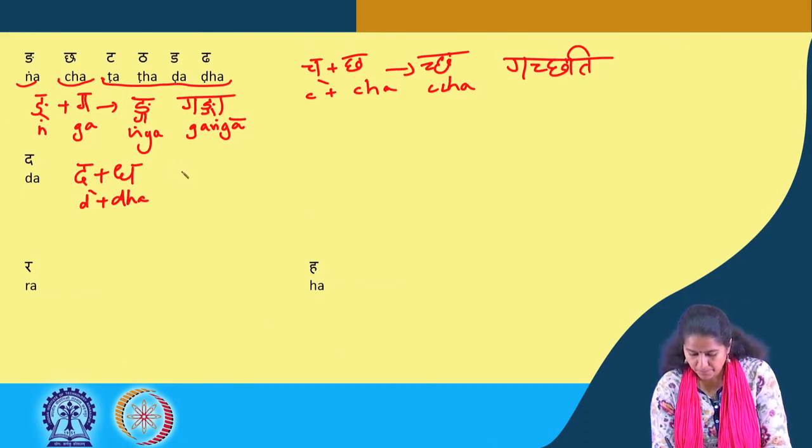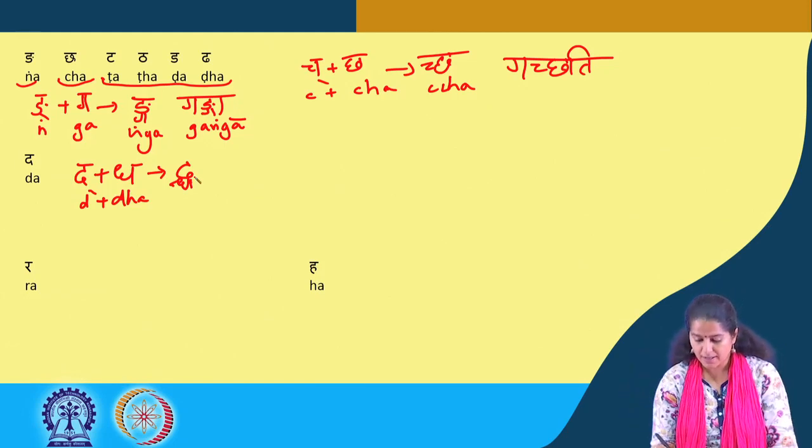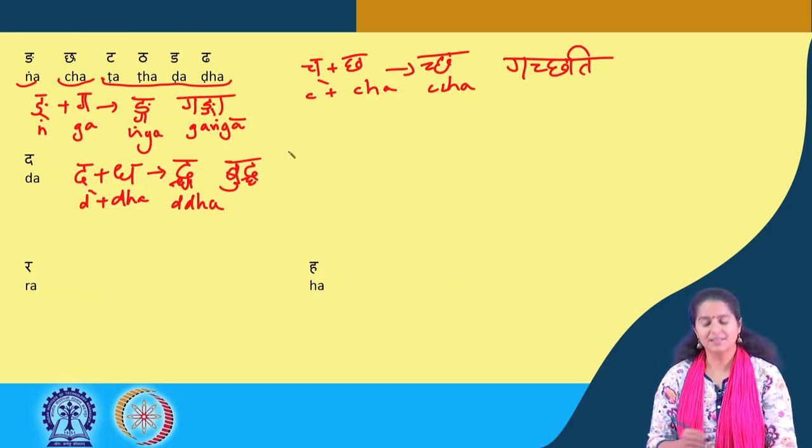So the d plus the dha comes under it and uses the tail as if it is its stick. So this dha in buddha becomes bu-ddha. See that?